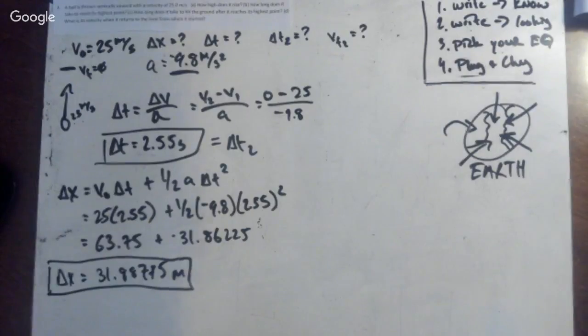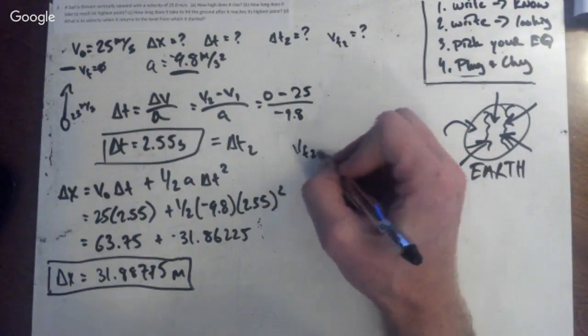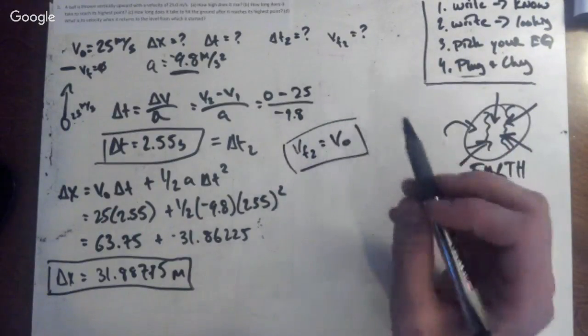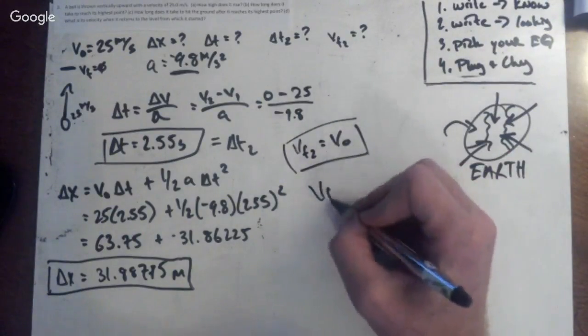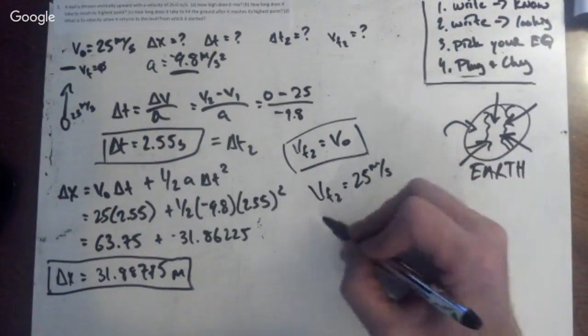And no matter how high up, it'll take the same amount of time to go up and down. A throw like this will. And when it hits the ground, our VF2 will be equal to our initial velocity. So our VF2 is just equal to 25 meters per second.